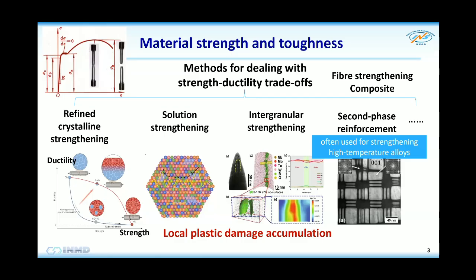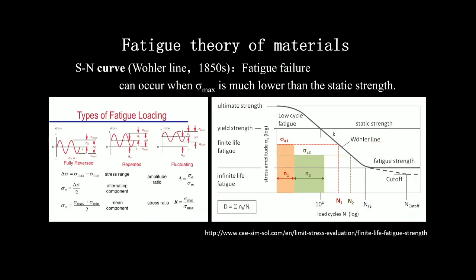On the cyclic loading, we have the S-N curve found by Wöhler, 150 years ago, when they had a test technology. This is the stress, and this is the life.